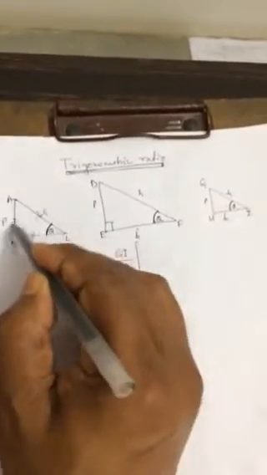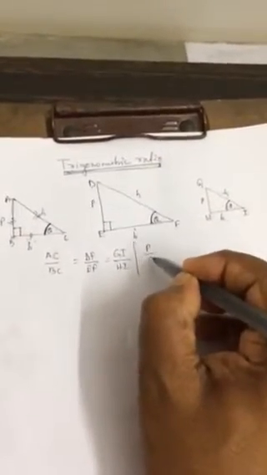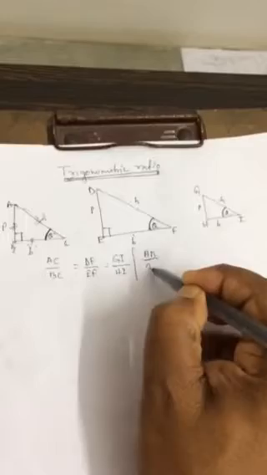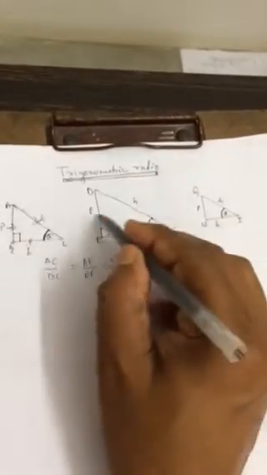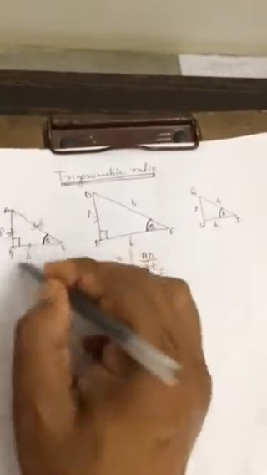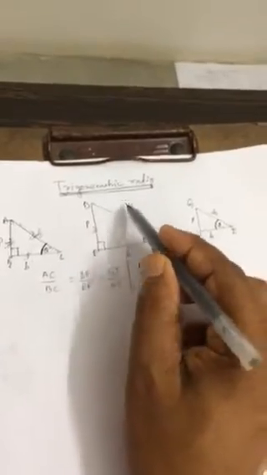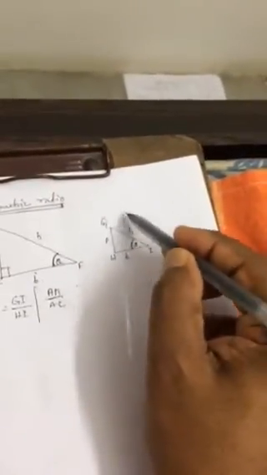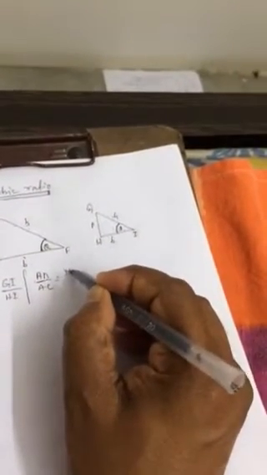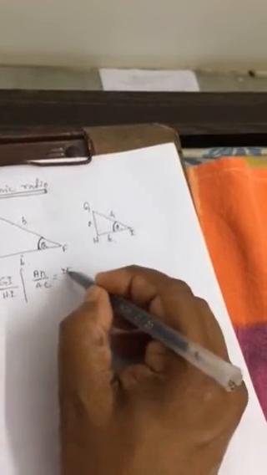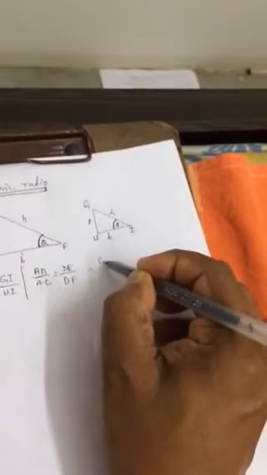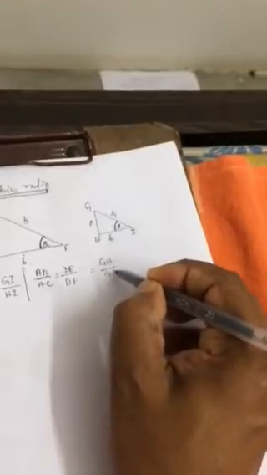Or if you find the ratio of these two, AB by AC, perpendicular and hypotenuse, here also perpendicular and hypotenuse, the ratio of perpendicular and hypotenuse of this triangle, of this triangle, and of this triangle will be equal. That is DE by DF, and GH by GI.